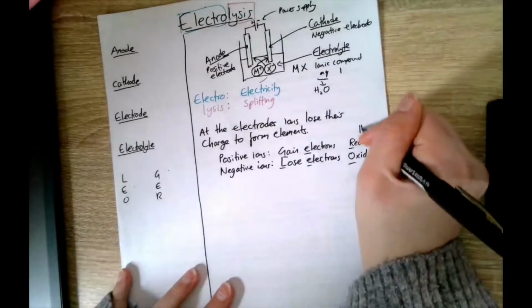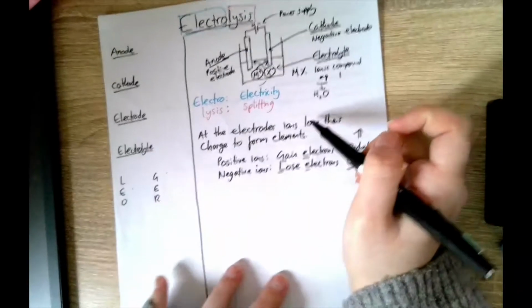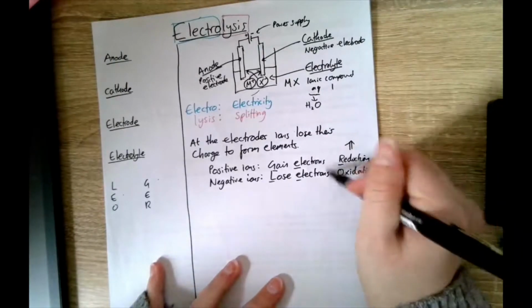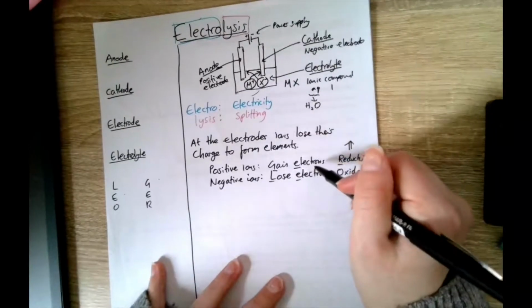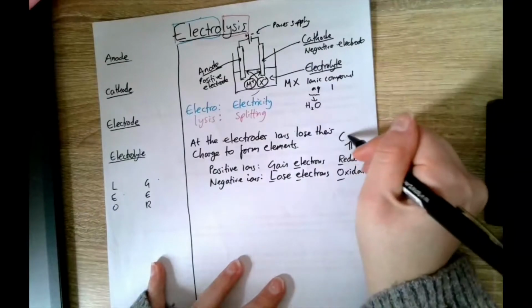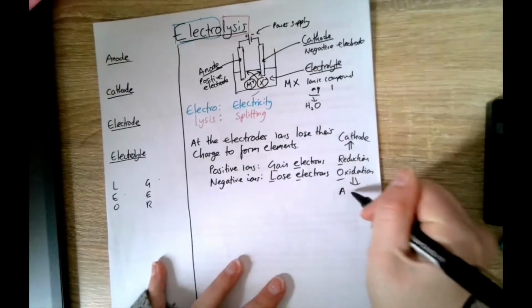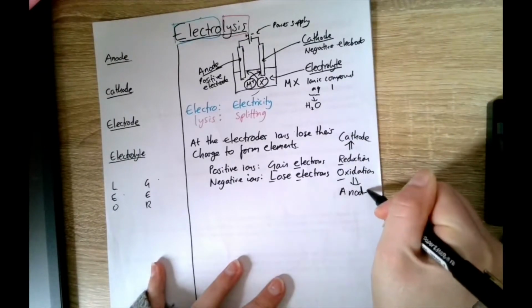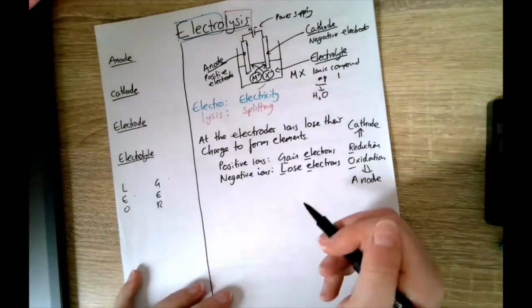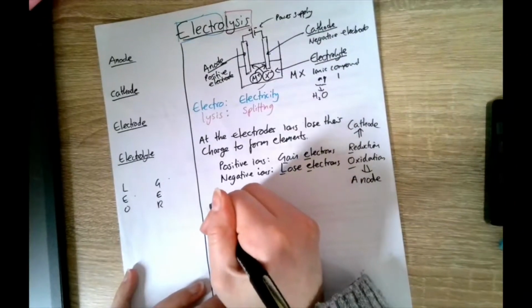And so what we can see from our diagram on this is that our reduction is happening at our cathode and our oxidation is happening at our anode. We can also show these changes using half equations.